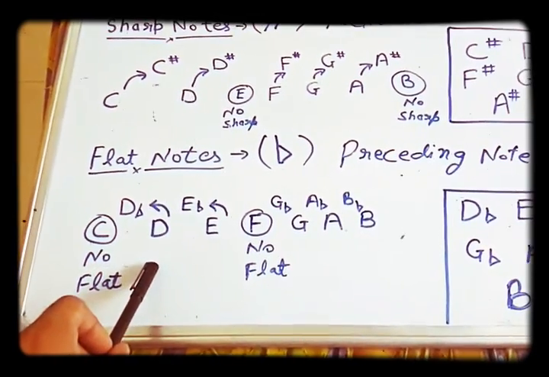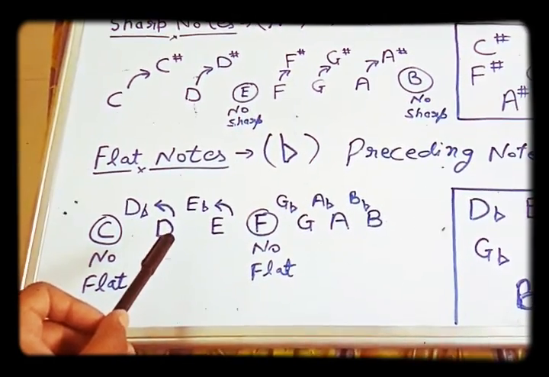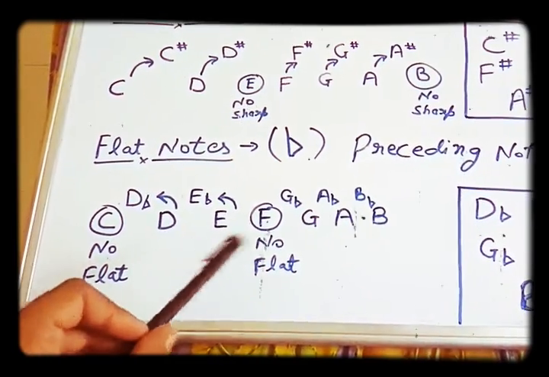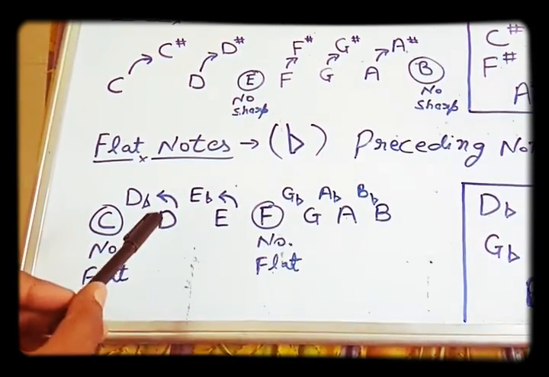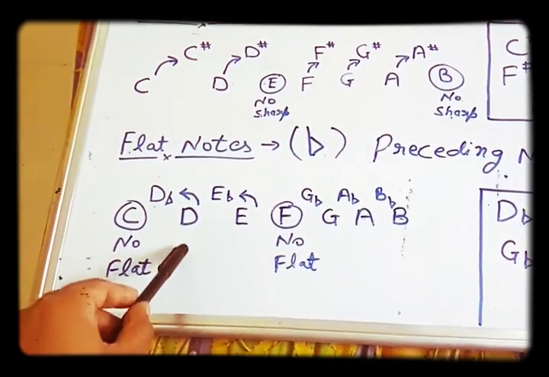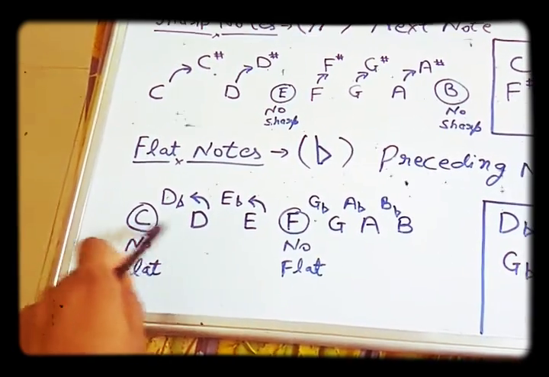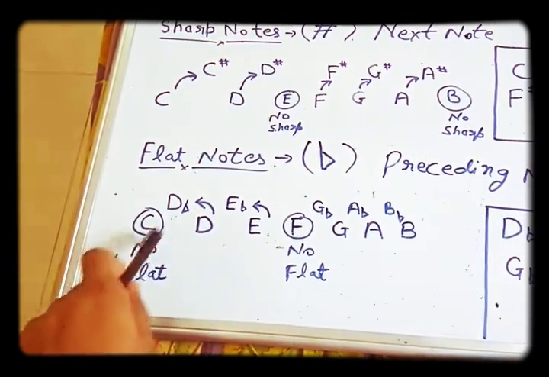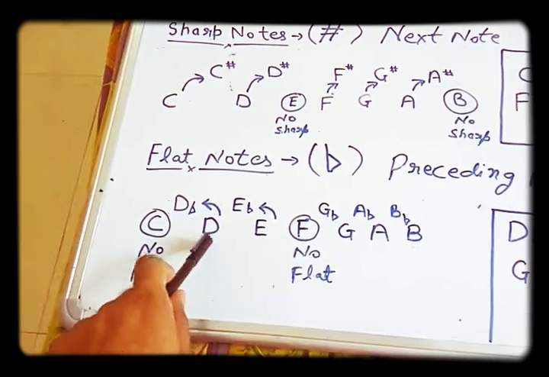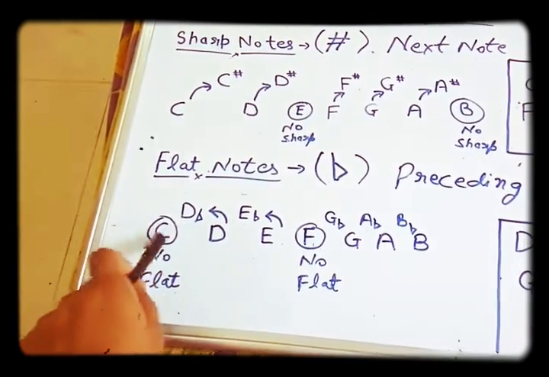As this is the opposite of sharp, it means lowering the pitch by one semitone. Semitone again means the half step, like there is a difference of one note between C and D. One half note is there.